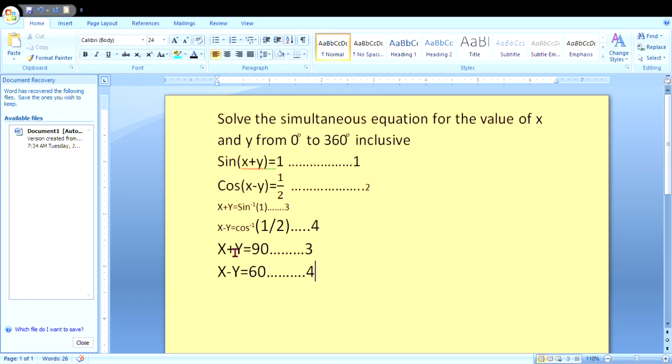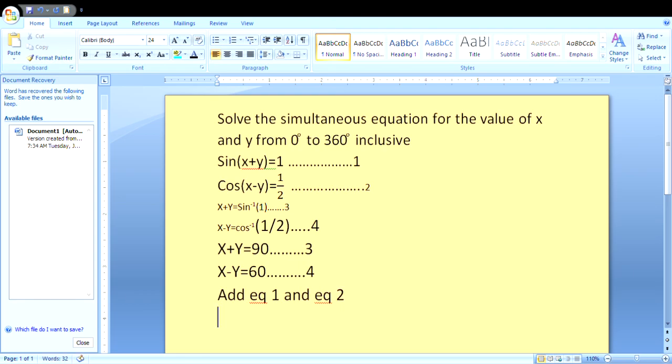If you look at equation 3 and equation 4, the coefficient of x is 1 in both, and that of y is also 1, but here we see different signs, positive and negative. So all we need to do is add equation 3 and 4.